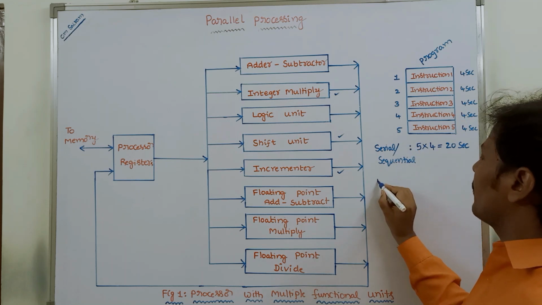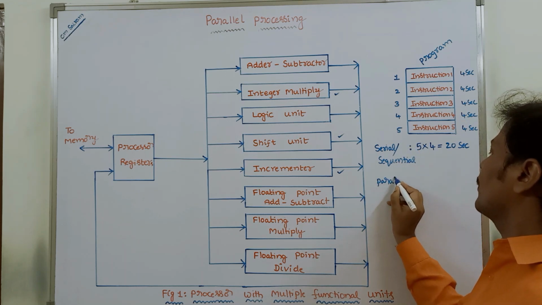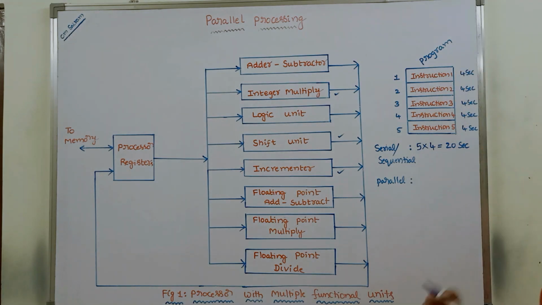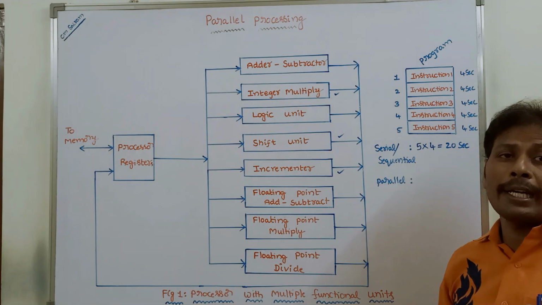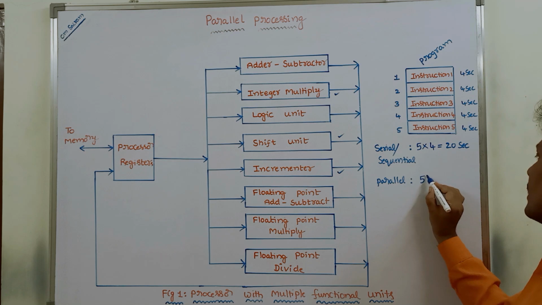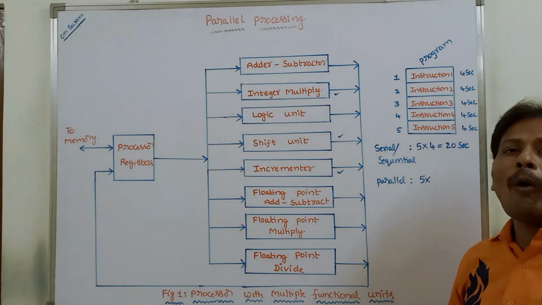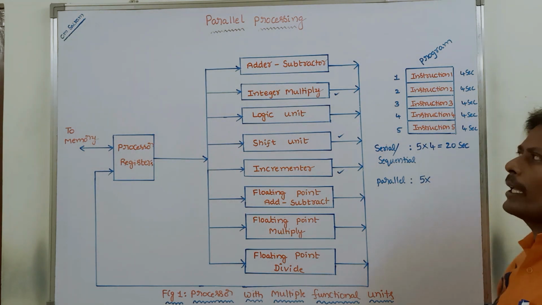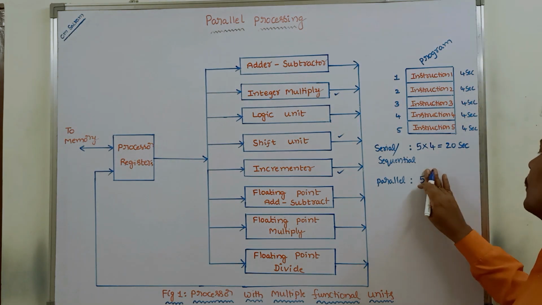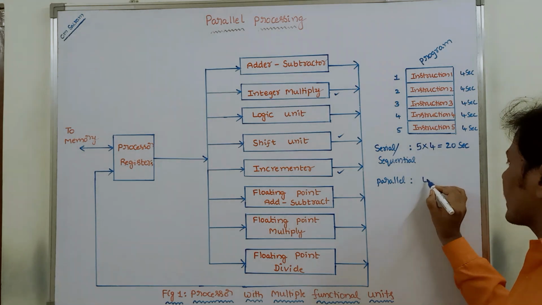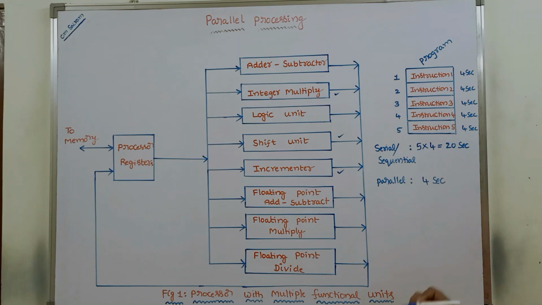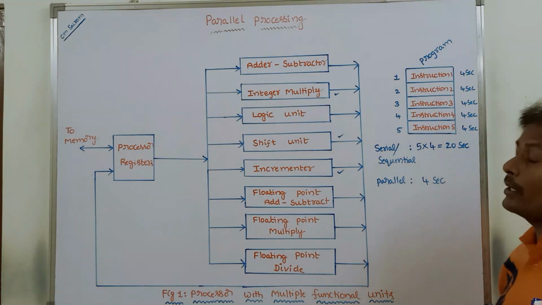Next, how much time can be taken by using parallel processing? Here, 5 instructions are executed at the same time. All the instructions can be executed at the same time, so within 4 seconds, all the instructions successfully complete their execution.